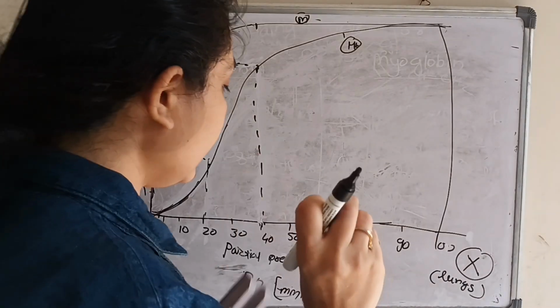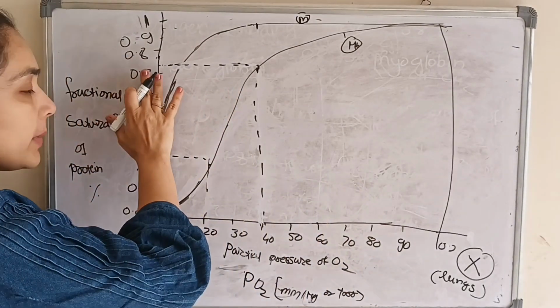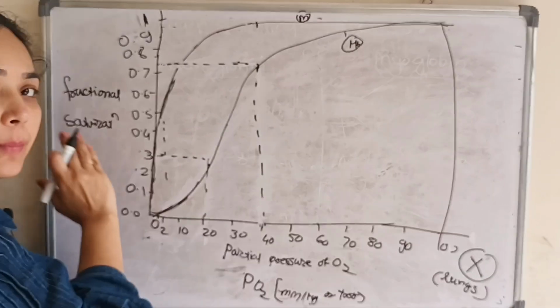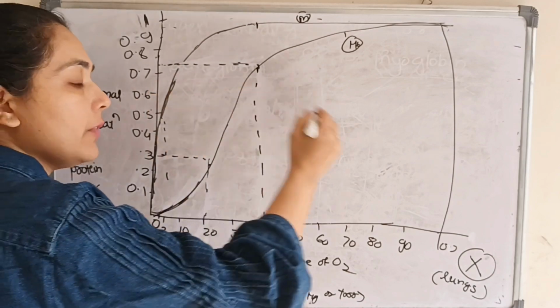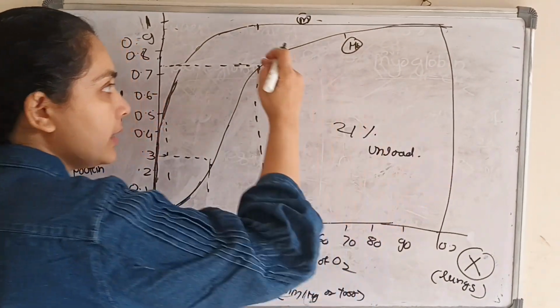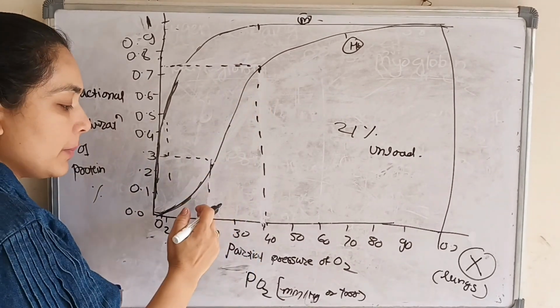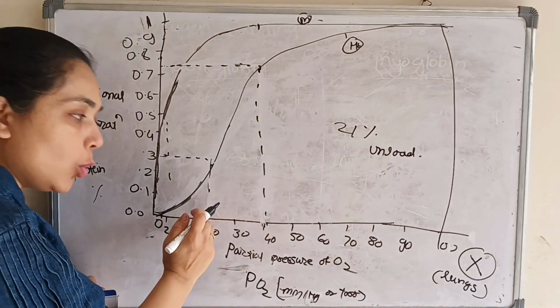For hemoglobin, we discussed that at a partial pressure of 40, 77% of hemoglobin will be saturated, meaning 21% will be unloaded, and this value falls very sharply when the partial pressure drops from 40 to 20.